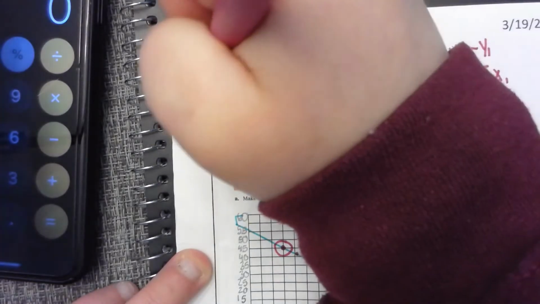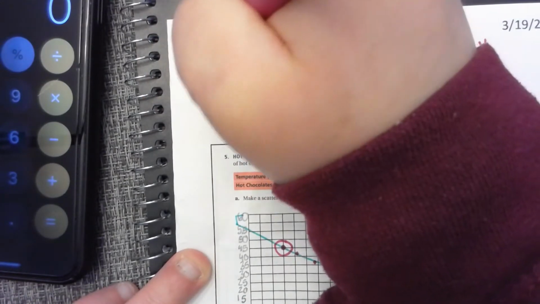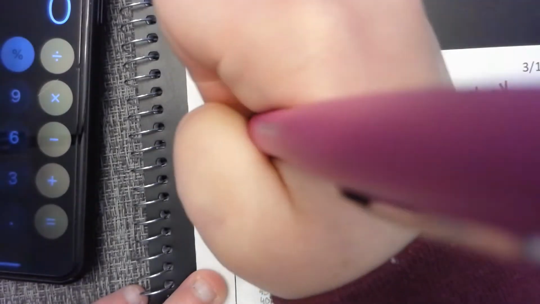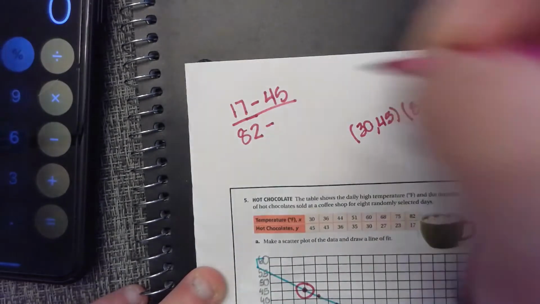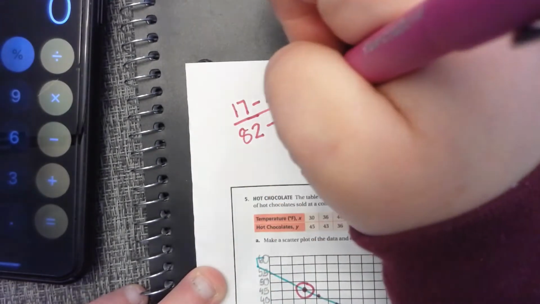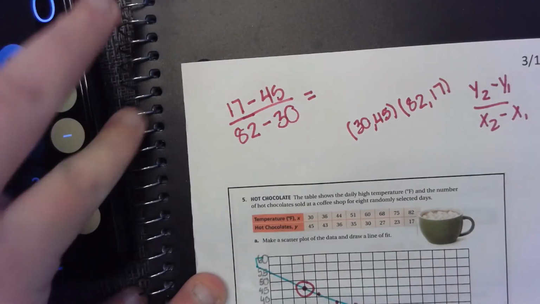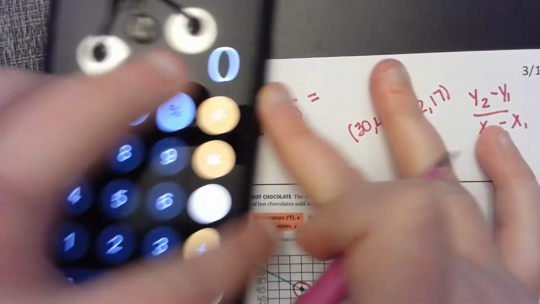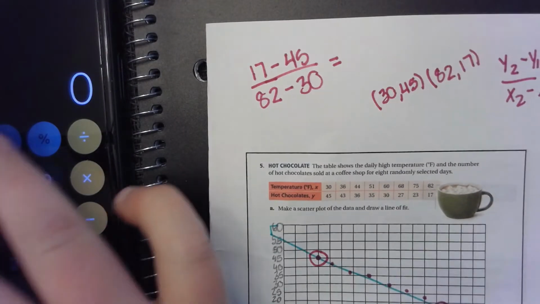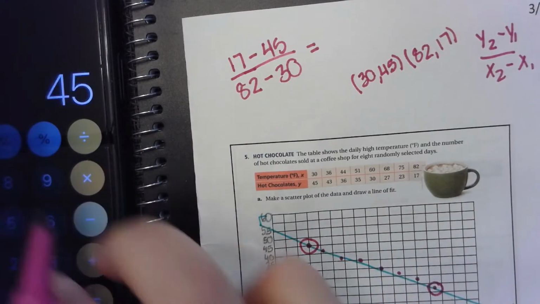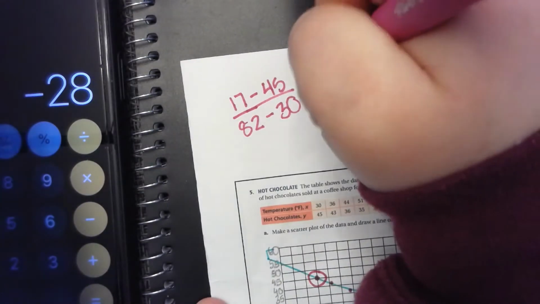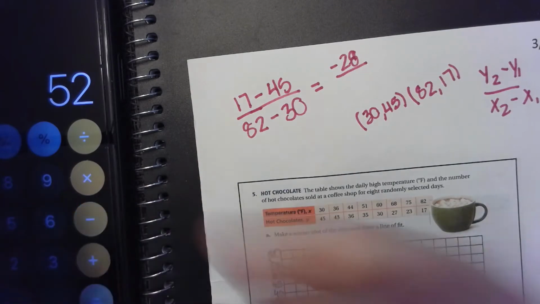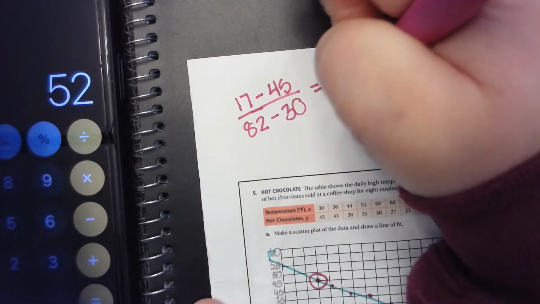So that means I'm going to have 17 minus 45 over 82 minus 30. Because it's Friday and math is difficult, in my opinion, 17 minus 45, we have negative 28 over 82 minus 30, which is 52.